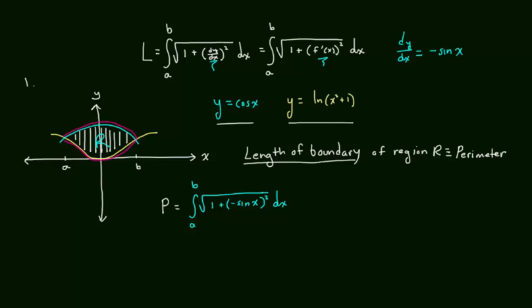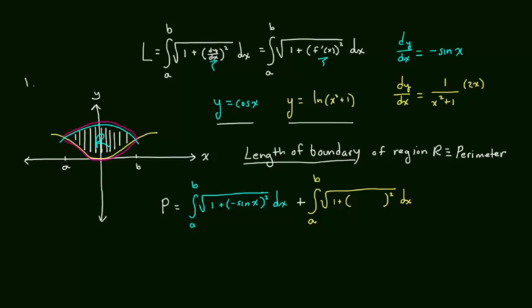So next I need to add to that the length of the yellow, and the yellow is going to be the integral from a to b again, this time square root of 1 plus, I'll need parentheses, squared dx, and inside those parentheses will be dy dx of the yellow, which is going to be 1 over stuff times the derivative of stuff.